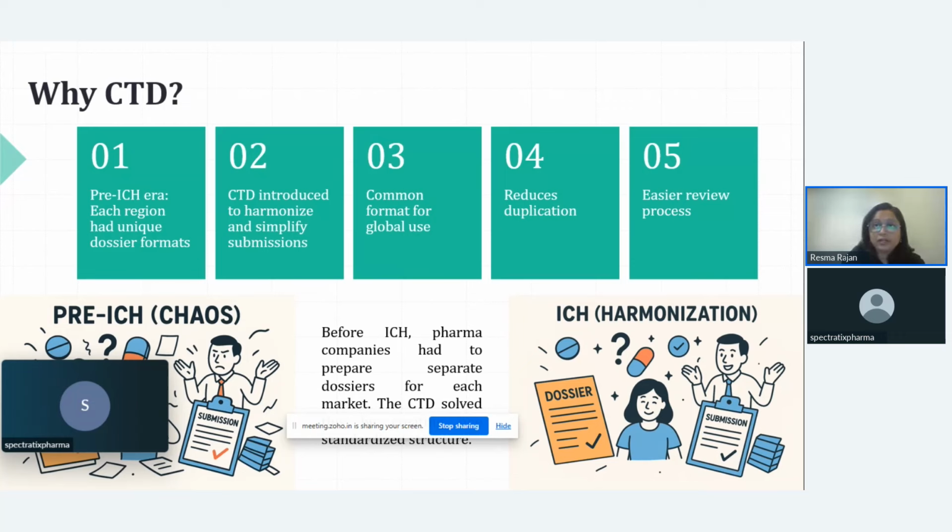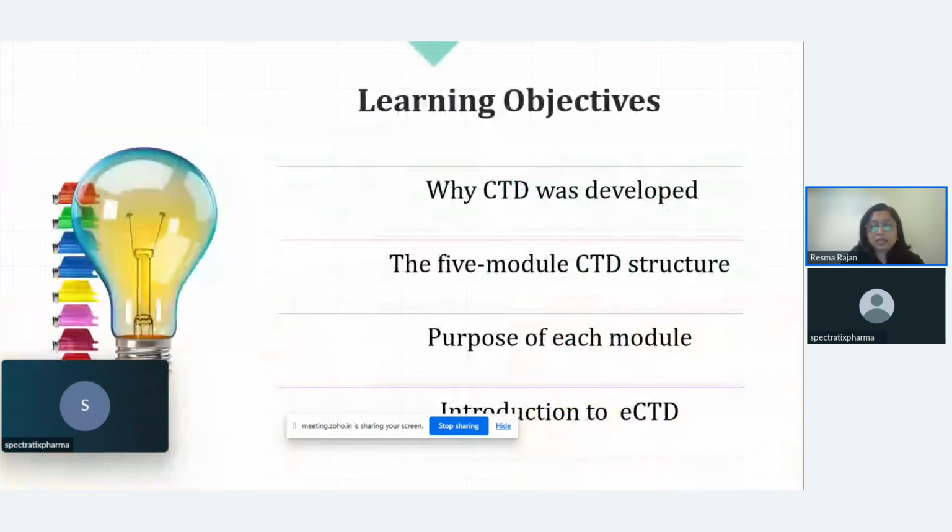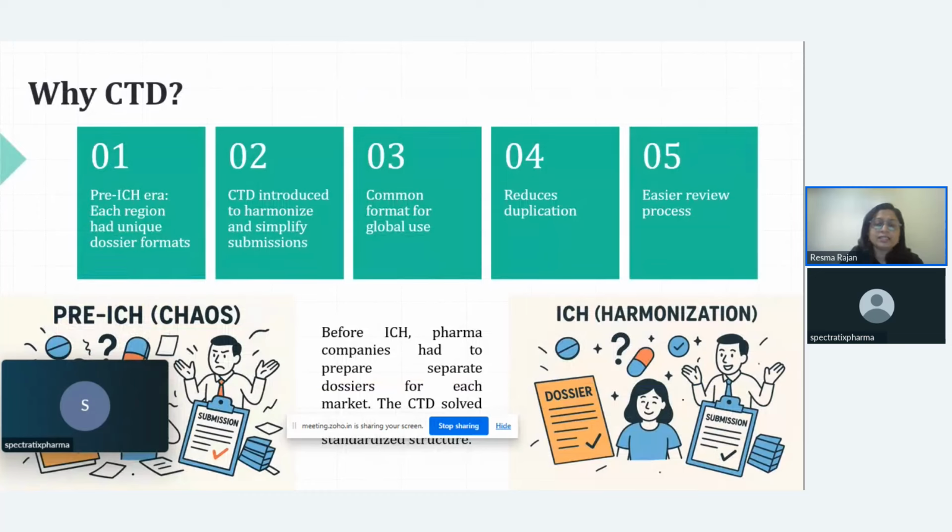To avoid this, the ICH Council was formed, and after the ICH regulations came up, depending on the ICH guidelines, they prepared the documents and submitted them so that every country has a common format and common structure.